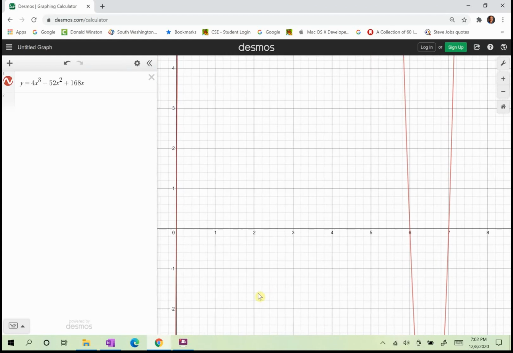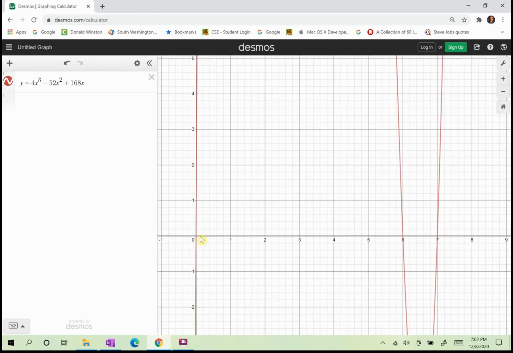Okay, so looking at this graph here, I see that when x is 0, y is 0. Okay, anything less than 0, I'll have a negative. It will be below the x-axis there. Okay, so x has to be greater than or equal to 0. X can't be negative. Because if x is negative, then y will be negative, and we can't have negative volume.